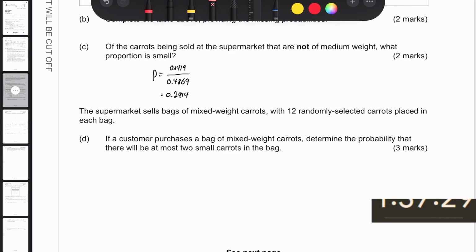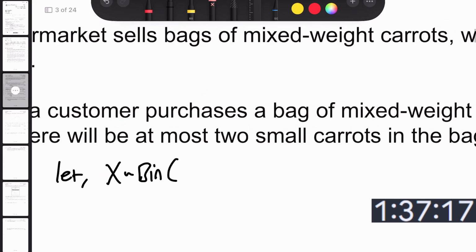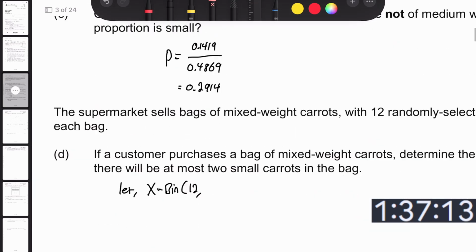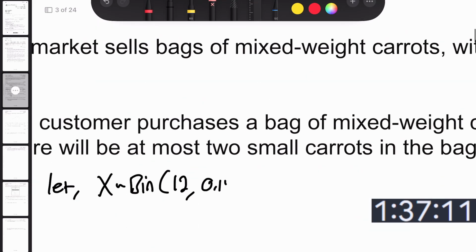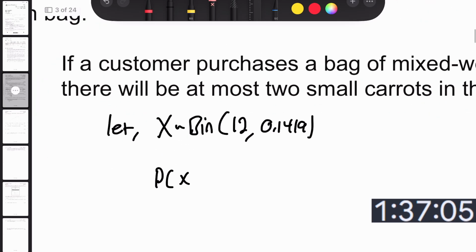Okay, we're back. Let's continue. So this one is going to be a binomial distribution. So let's say X is binomial, and we're going to have 12 trials. And we want them to be small carrots. 0.1419 for my success. And the probability that X is at most 2 small, so it has to be less than or equal to 2.